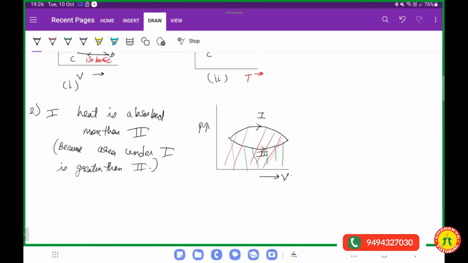So if area under curve 1 is more than 2, that means work done is also more, because what we said before, work done is the area of the cycle or area under the cycle, or whichever way you want to remember.